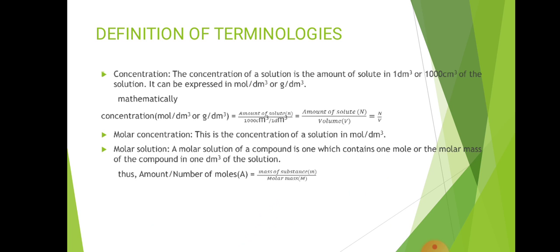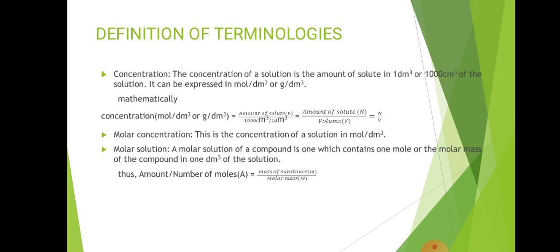Like I said, it can be expressed as mole per dm³ or as gram per dm³. Mathematically, concentration is defined as amount divided by 1 dm³ or 1000 cm³ of solution.